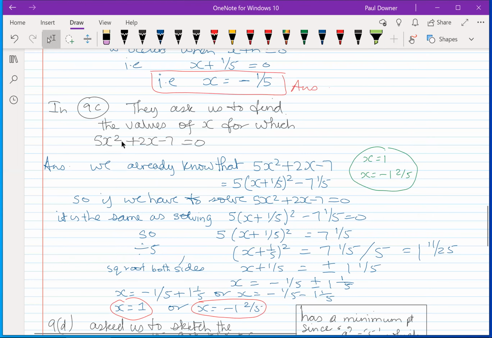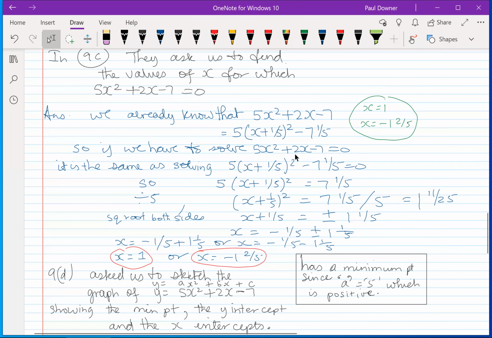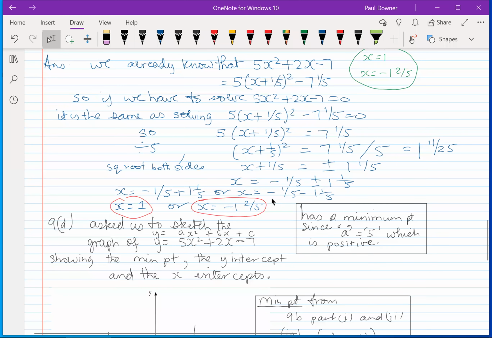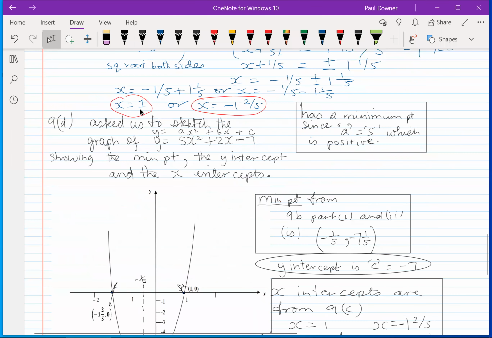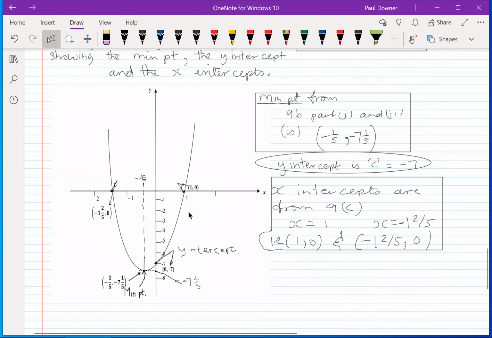In 9C, we took this equation, recognized that it was in this format, and we put this equal to 0, and we solved it. And we got two values of x, noting that these two values of x would be the x-intercepts. One is x equal to 1, and one is x equal to minus 1 and 2/5. So let's go here. Let's look for x equal to 1. This is the x-axis. X is equal to 1.